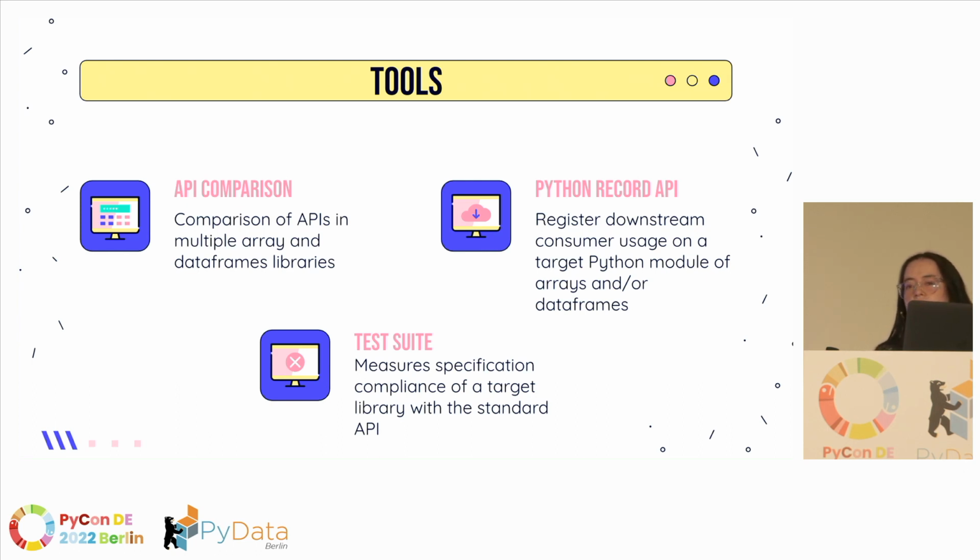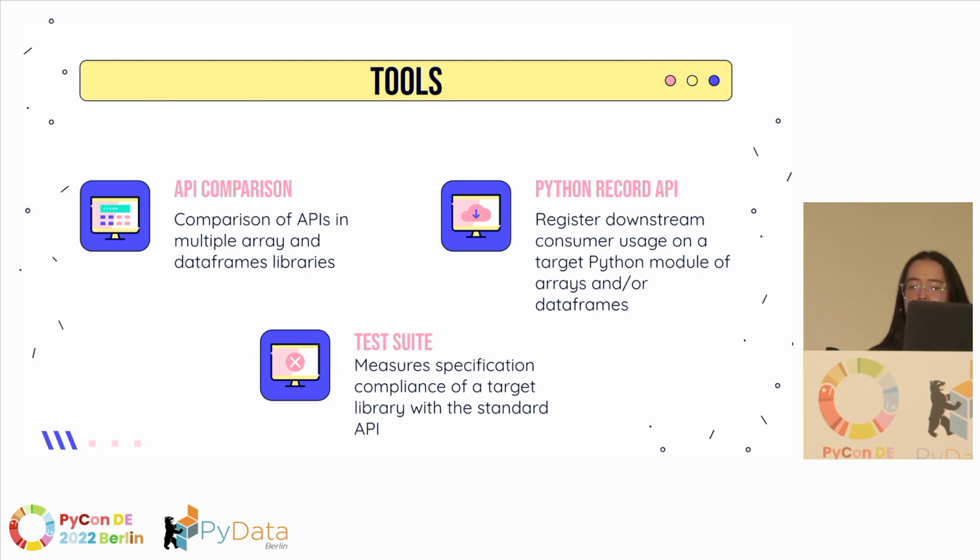We developed a tool that is able to compare all the APIs in multiple array and data frame libraries and match what is different. It could be the name of the function, an argument of the function, the return types, all that you think will be different. We were measuring that with that tool.